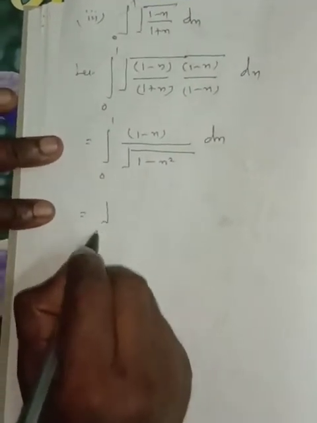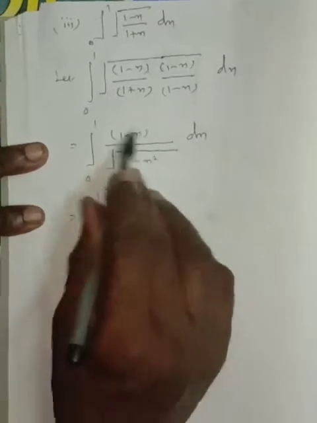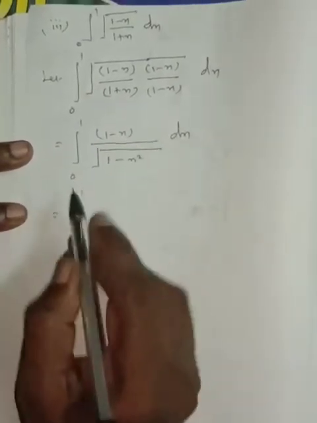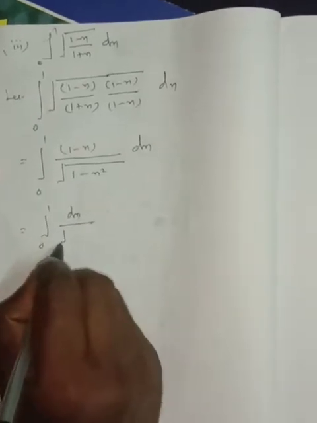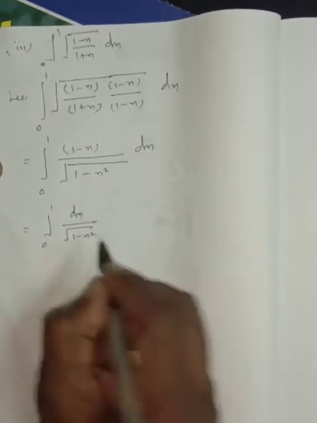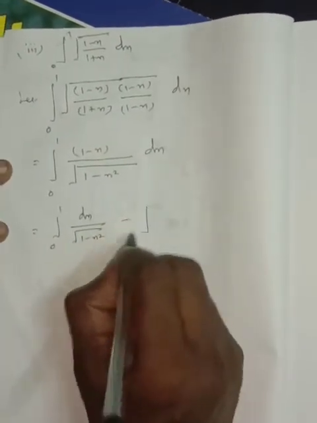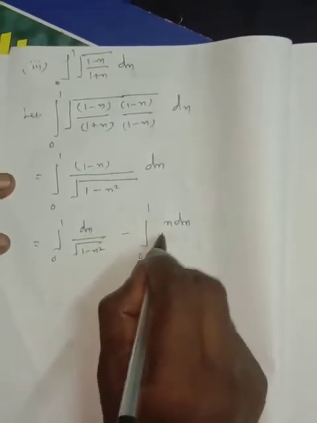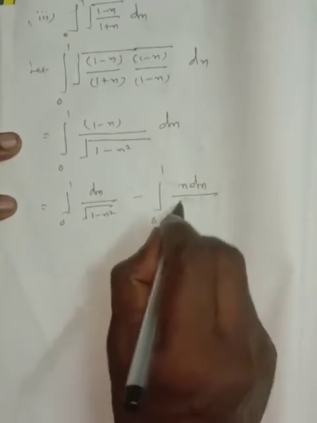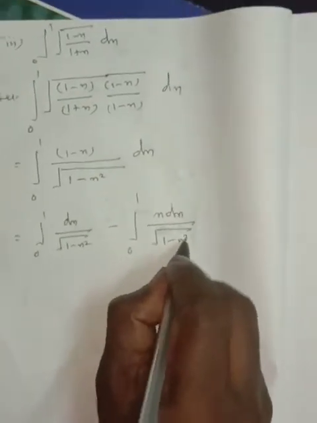Is equal to 0 to 1. This can be split into two separate integrals: dx divided by root of 1 minus x square minus integral 0 to 1 x dx divided by square root of 1 minus x square.